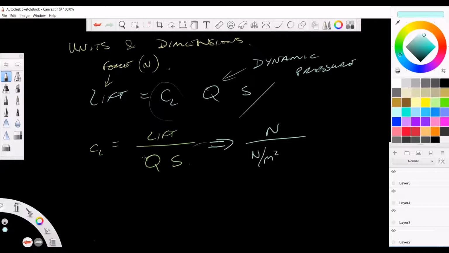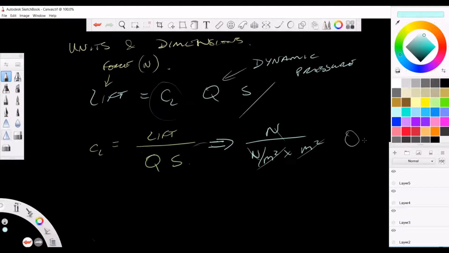So Q is a pressure, and S is in square meters. So the square meters cancel out, and then the newtons cancel out, and we have no dimensions. Yeah, that's a better way of explaining it, is to keep half rho v squared as dynamic pressure. I should have done that from the start. Sorry if you got confused by the last one. It's a bit more complicated. But we've shown that coefficient of lift doesn't have any dimensions.